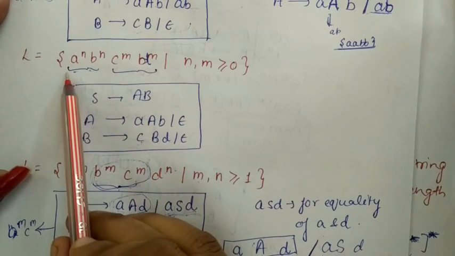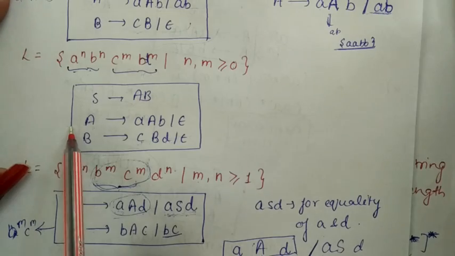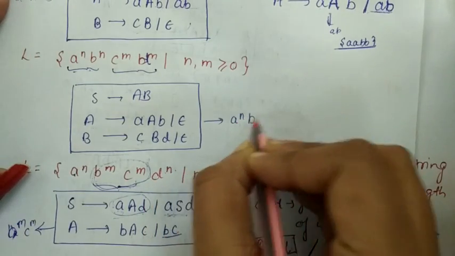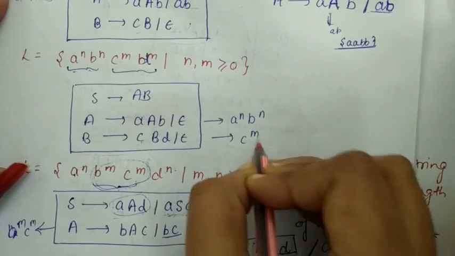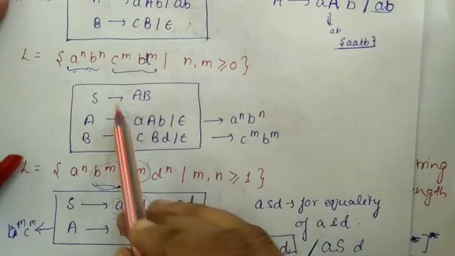The whole grammar represents A to the power n, B to the power n, C to the power m and D to the power m. So we will write the whole grammar like this.